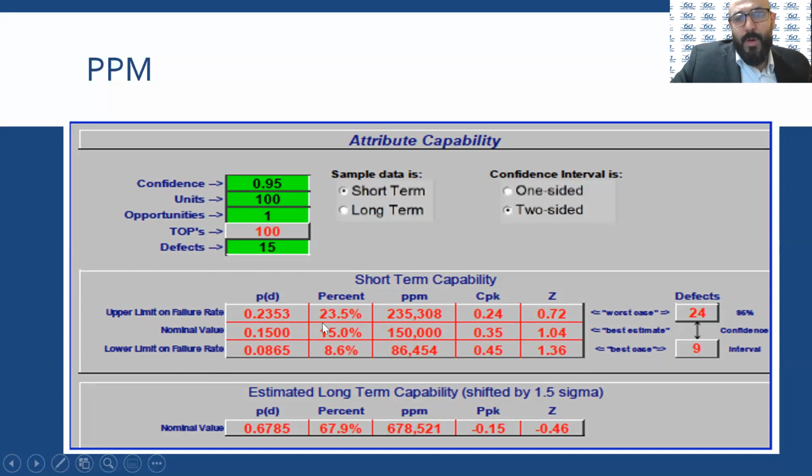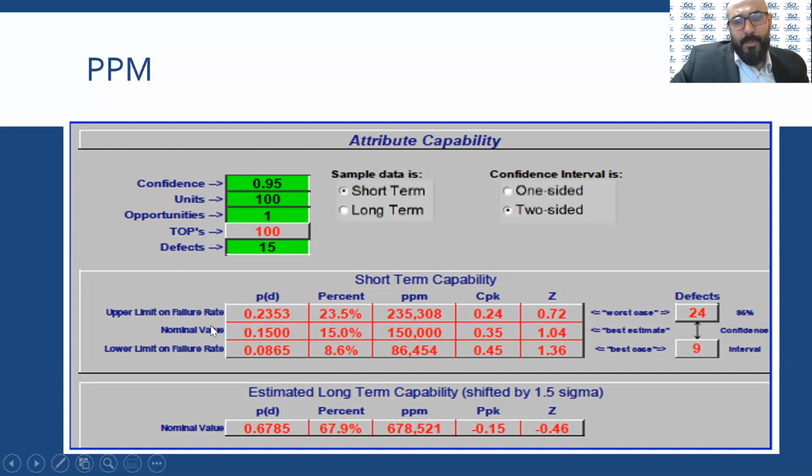So in this case, what would be the PPM? Look at the nominal value, which is in the middle. This would be one standard deviation, 1Z. CP is 0.35. This is not capable. The PPM is 150,000 as well.